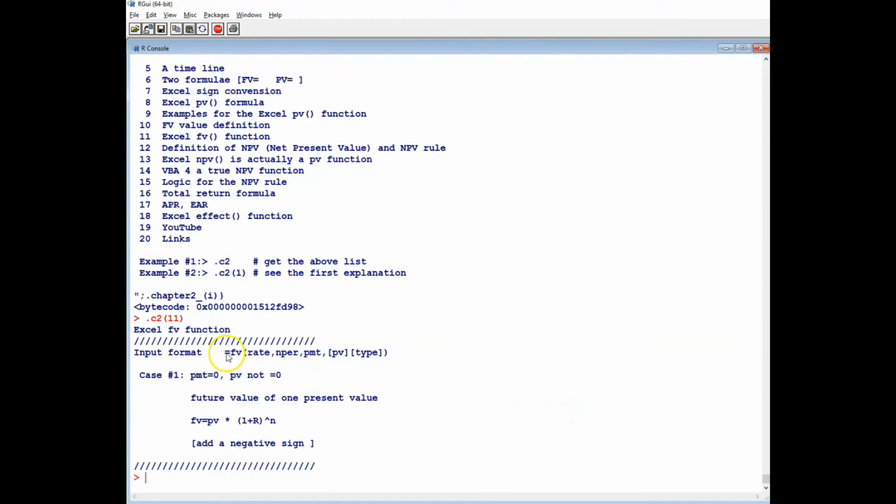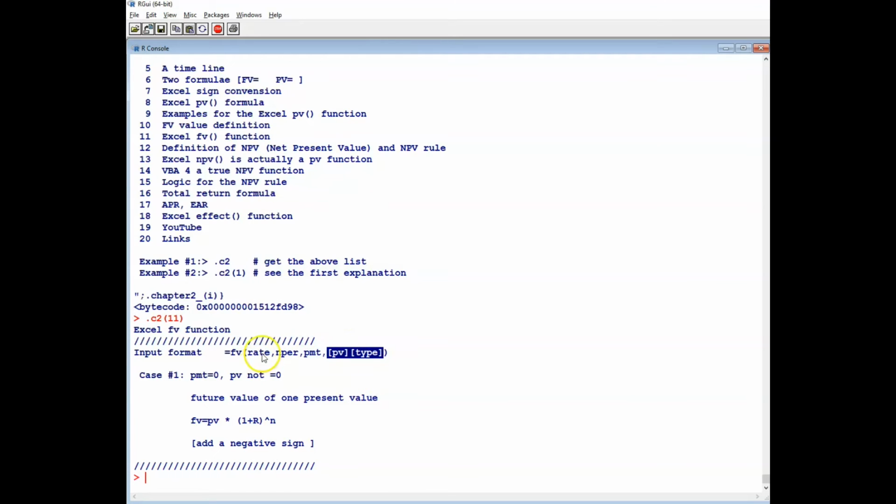If we type equal FV and a parenthesis, Excel will prompt all these 5 input variables. The first thing I want to explain is the meaning of the square brackets. The square brackets mean these two are optional.